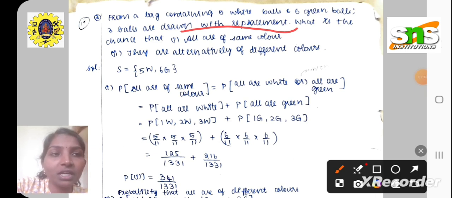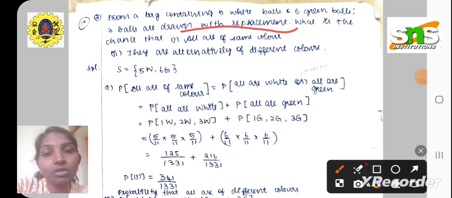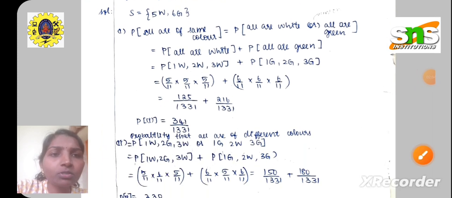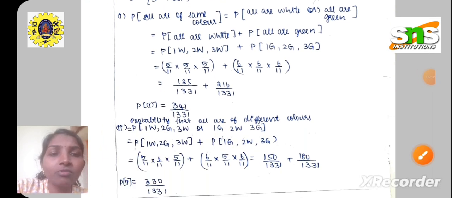Similarly, to draw a green ball, we have the probability 6 out of 11 for the first green ball with replacement, 6 out of 11 for the second green ball, and 6 out of 11 for the third green ball as well. Now moving on to the values, we have 5 by 11 into 5 by 11 into 5 by 11.